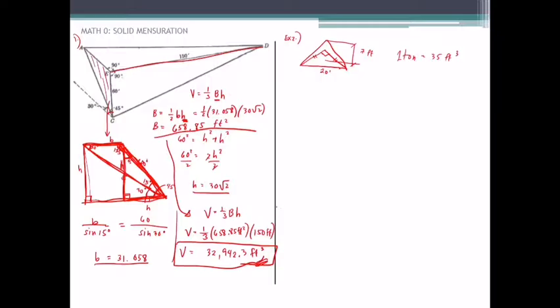Okay, so let us try to solve for this. Our volume, of course, will use the formula volume is equal to 1/3 base times height. So our height is obviously 7 feet, while for the base, we will get the area of this base.